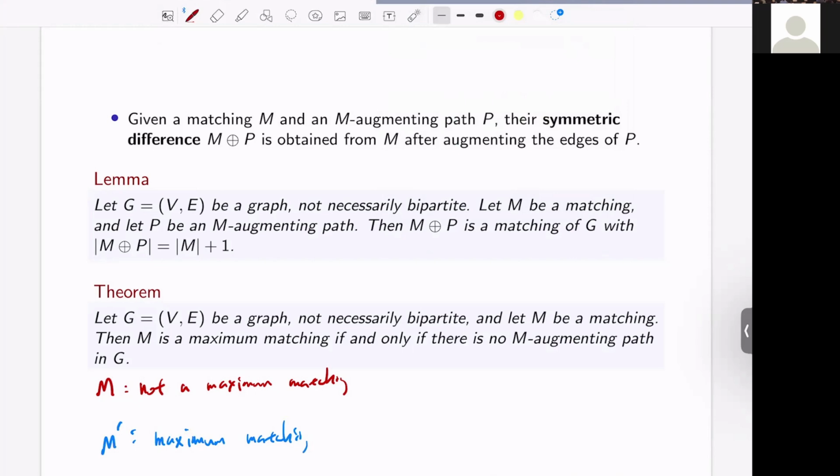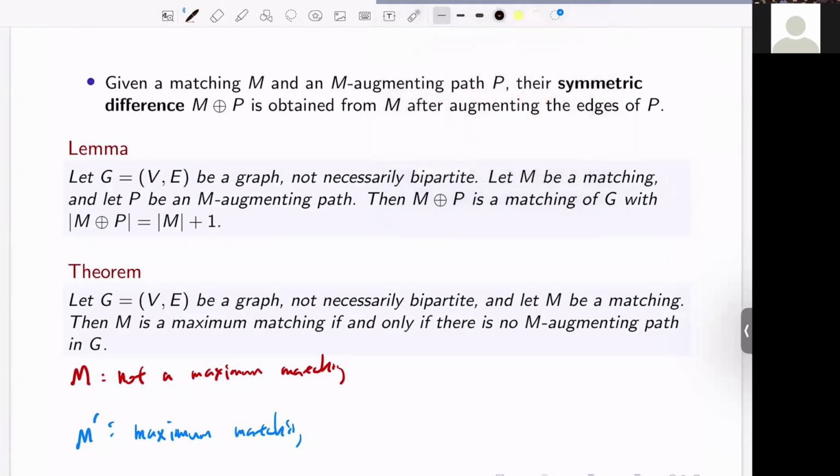Because M is not maximum, we know the size of M is smaller than the size of M prime. This is all we know. The idea was to take the symmetric difference of M and this maximum matching M prime.